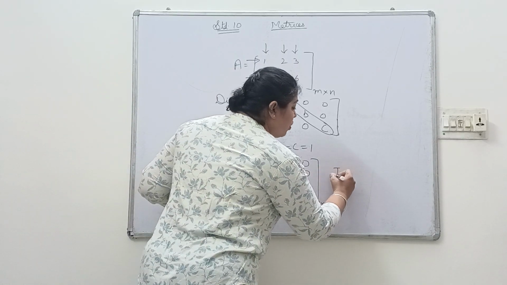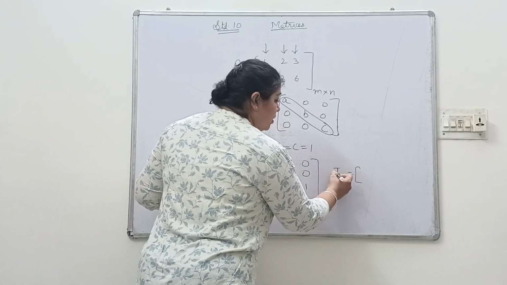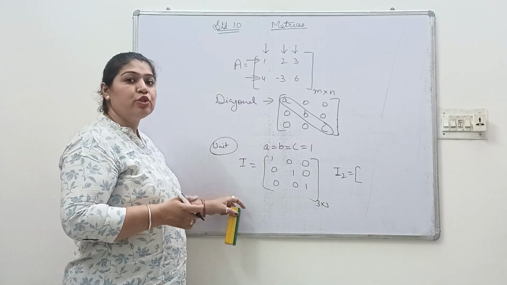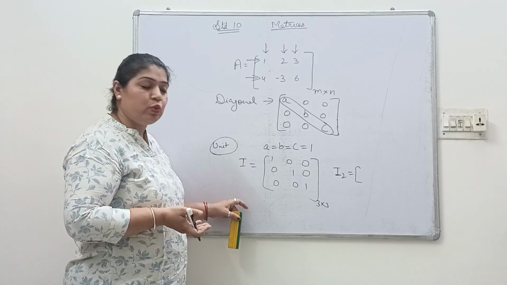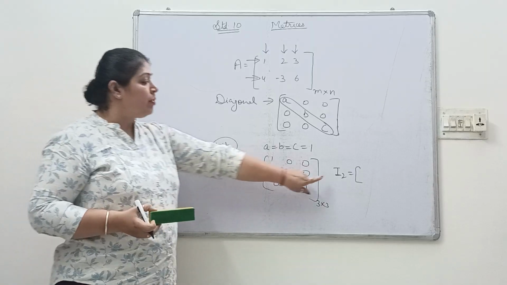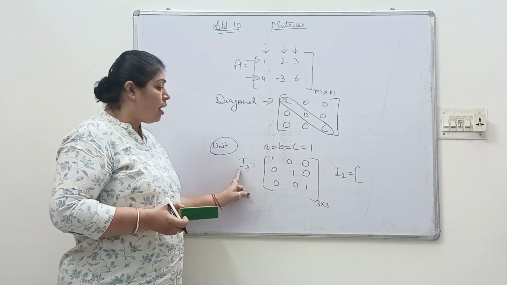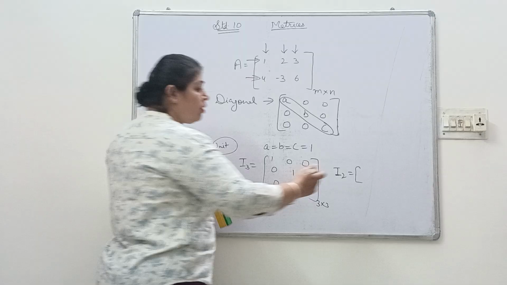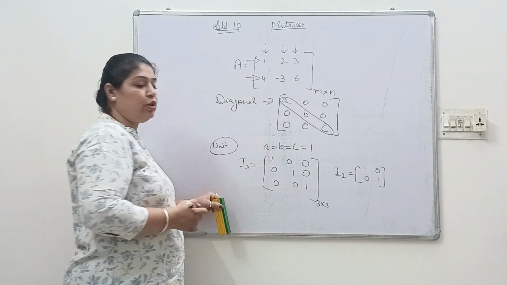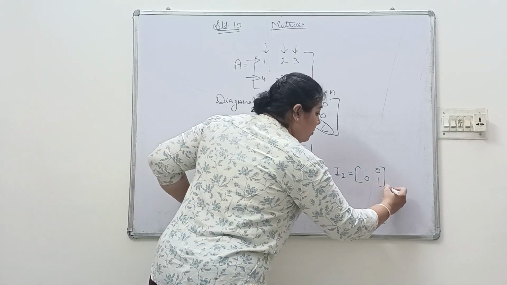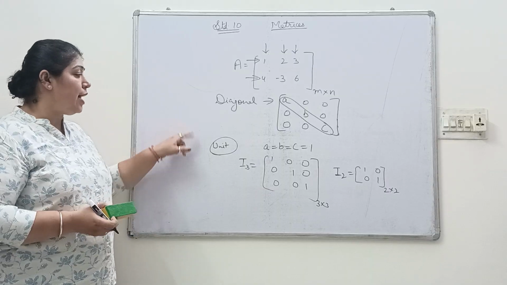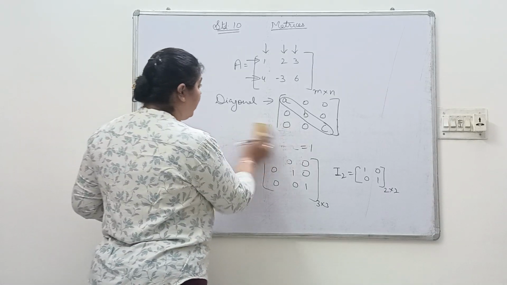If it is of order 2, it is I2. We represent identity matrices of order 2 and 3 by I2 and I3 respectively. I2 has elements 1, 0, 0, 1. This is a square matrix of order 2. These are the diagonal and identity or unit matrices.